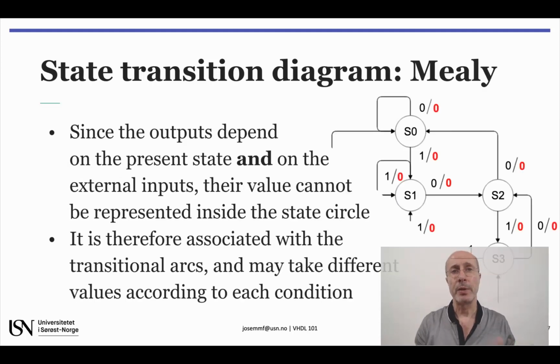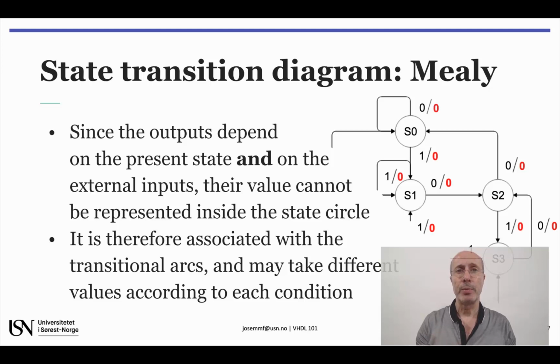The difference in terms of state diagram representation when we go from Moore to Mealy is that the outputs are no longer solely a function of the present state, and as such they can't be represented inside the state circle.